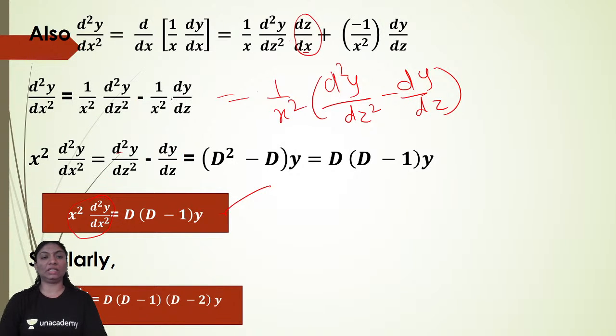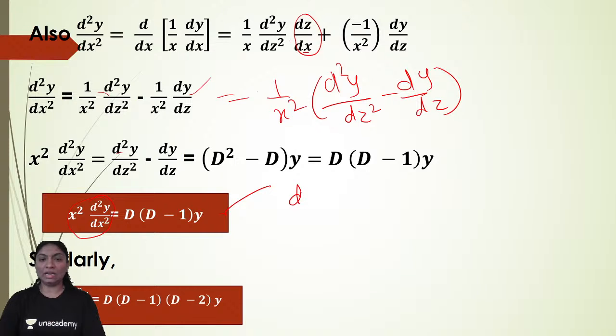If we differentiate this equation again with respect to x, you will get d by dx of d2y by dx square, that is d cube y upon dx cube. Again here, use the u into v rule first, because z is a function of x again. So 1 upon x square into d2y by dz square into dz by dx. You will get d cube y upon dz cube into dz by dx.